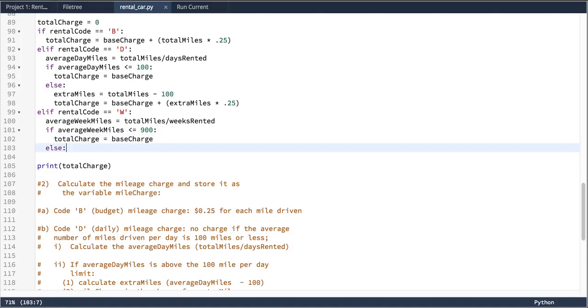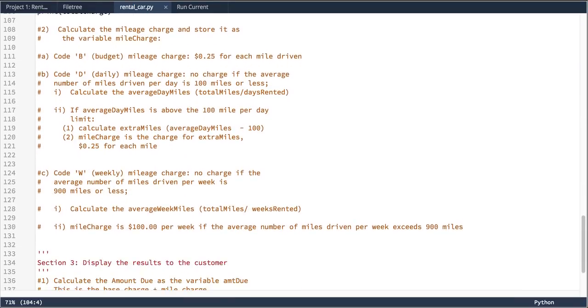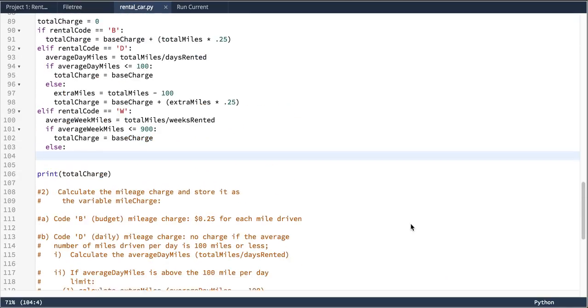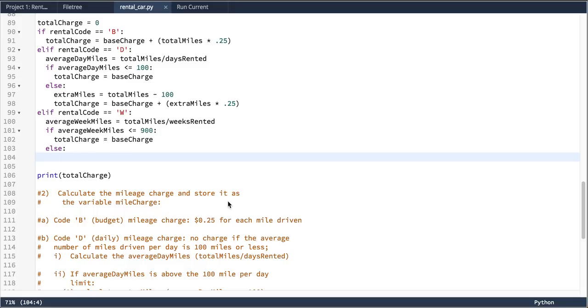Else, now we have to do some calculating. So the calculating is $100 per week if the average number of miles driven per week exceeds 900 miles. So total charge is going to equal base charge plus weeks rented times 100.